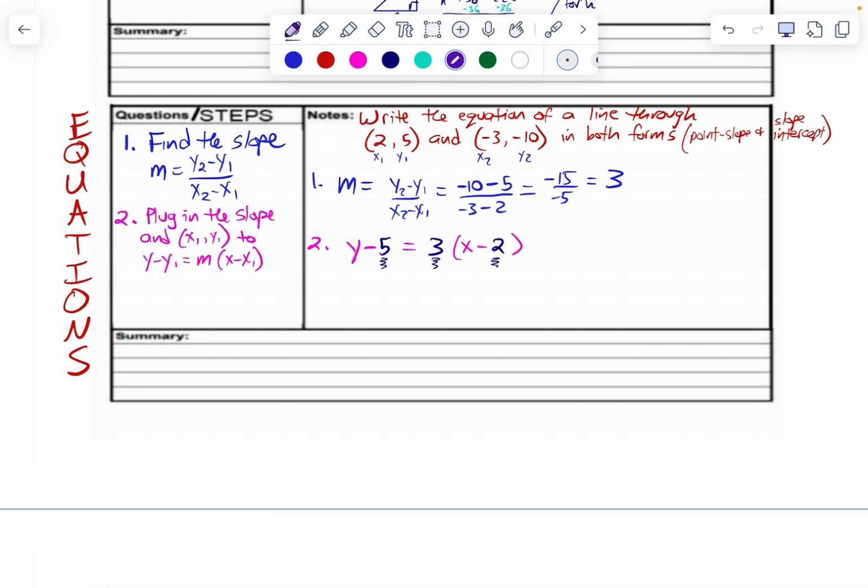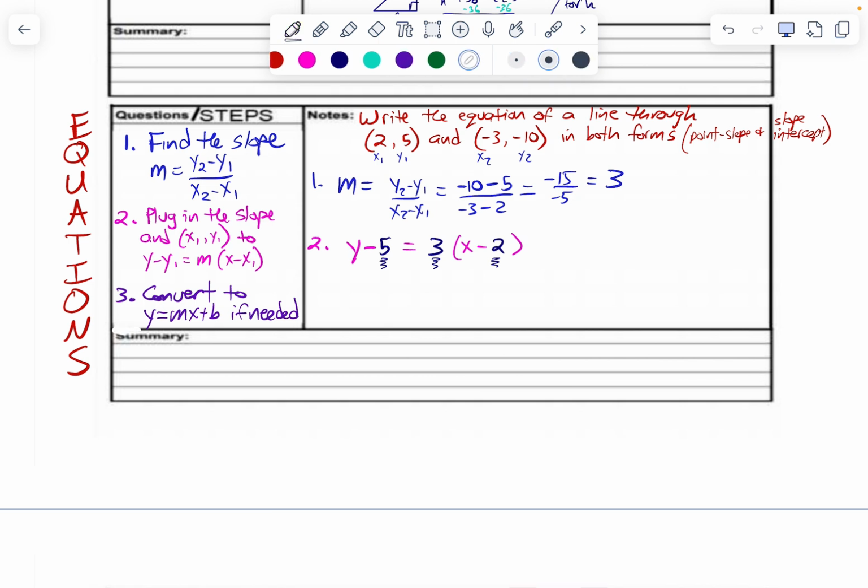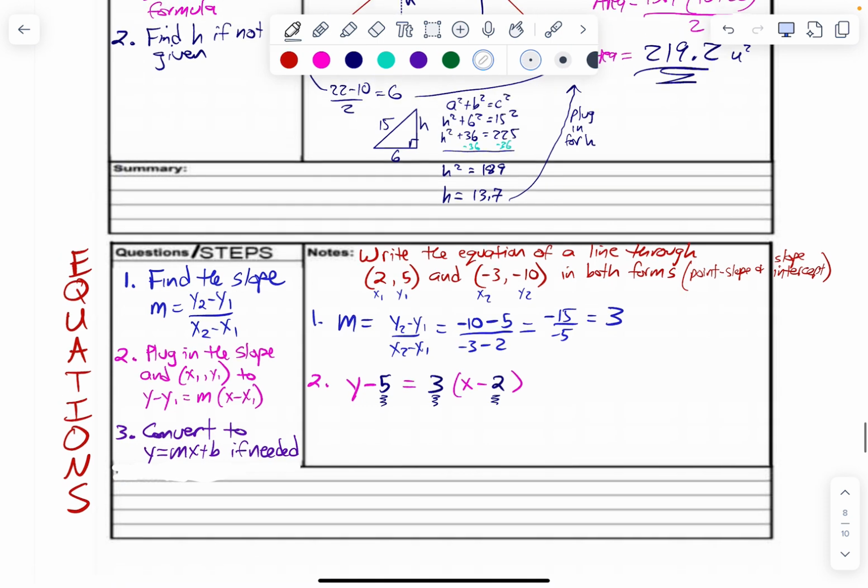Okay, but let's go ahead and convert it to slope-intercept form, if needed, because, like I said, you don't necessarily need to do that. All right, for this, the job is pretty simple. Here's the job.